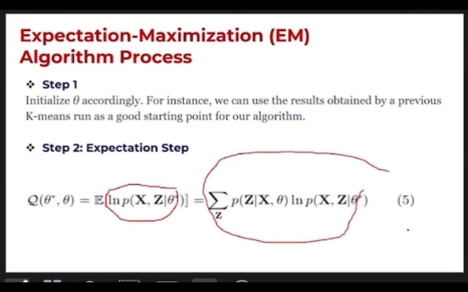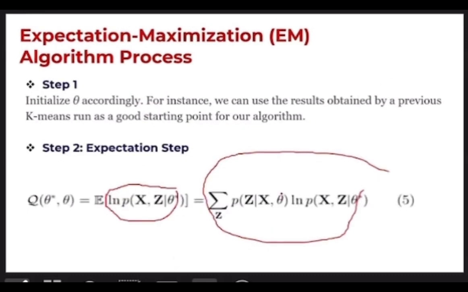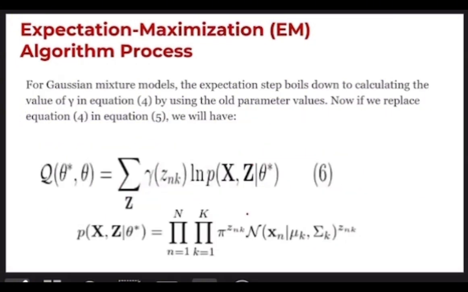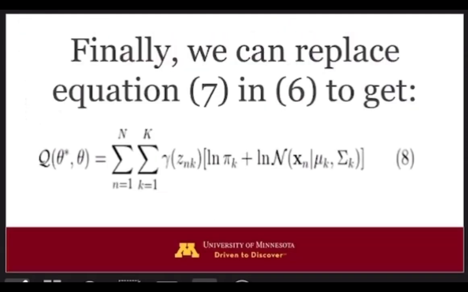Now, the moment we have that, you can incorporate what the probability is, what this is, and what that is. Based on what we've done before, you can plug that in. The moment you plug them in, that will take you to equation 7, and finally to 8. Now, this is the final equation.